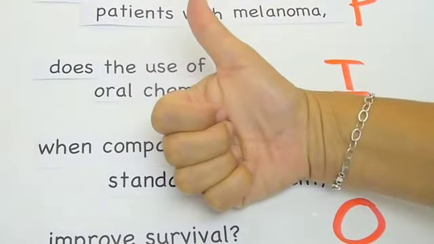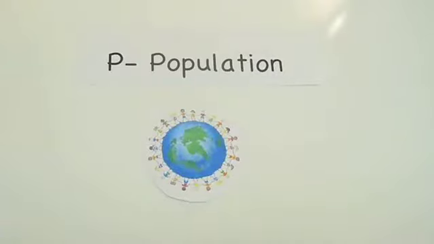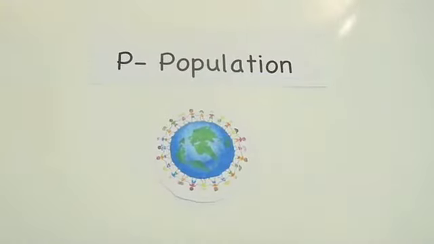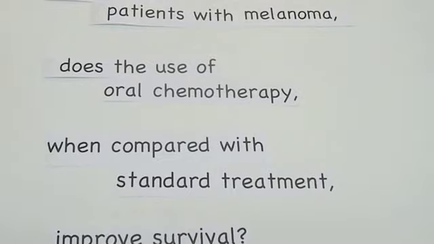P stands for population, the specific group of people we're interested in. In our original question we said, patients with melanoma. Now unless we really want to write a guideline on all patients with melanoma, we need to narrow the scope to only those patients we are interested in.